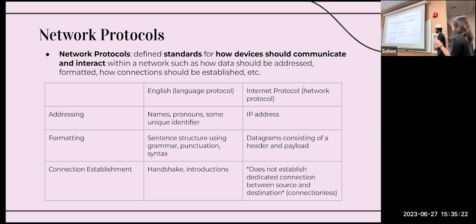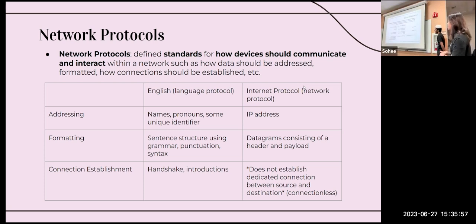So let's take the English language. Rather than being a network protocol, we'll call it a language protocol. And then we have the internet protocol, which is a real network protocol. I said that a network protocol defines how data should be addressed, right? In the English language protocol, we address people by their names or pronouns, some unique identifier. Just like that, in the internet protocol we address devices by IP addresses, as we talked about before.